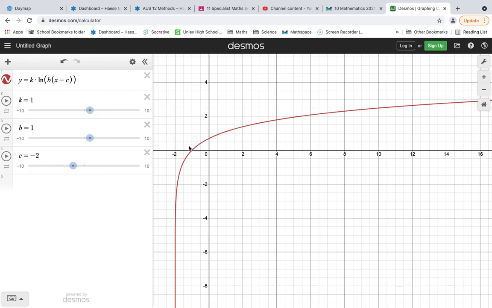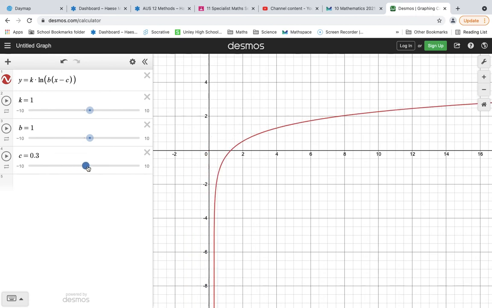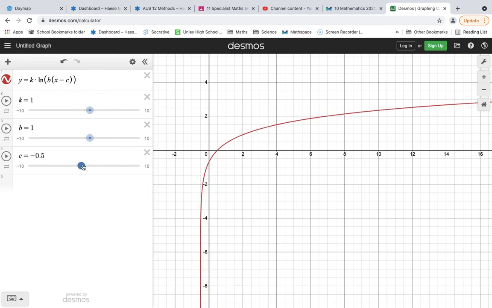You know about curves translating left and right. So there's no surprises there. We want to keep it on 0, and then it looks like your regular y equals log x. Okay, I might leave it at that. I'm going to come back and do some questions from the book as well.